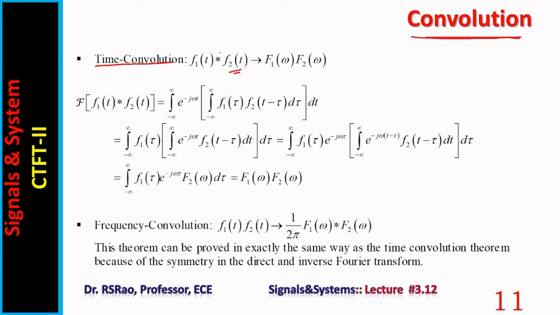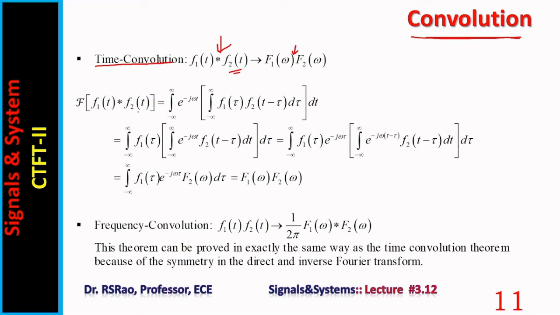Notice in the time domain it is convolution, in the frequency domain it is multiplication. The convolution in the time domain appears as multiplication in the frequency domain. We are going to see that convolution in the frequency domain appears as multiplication in the time domain.